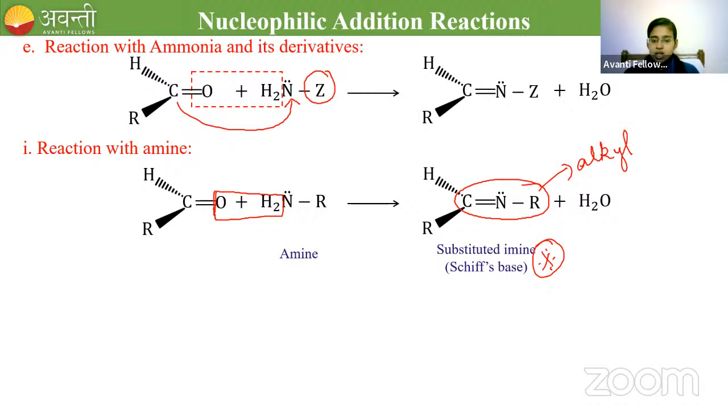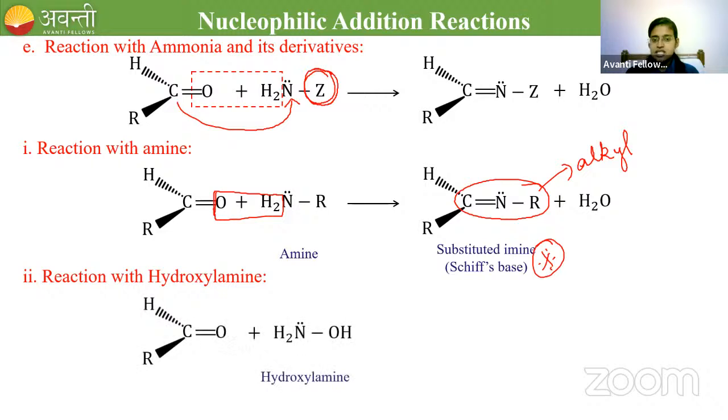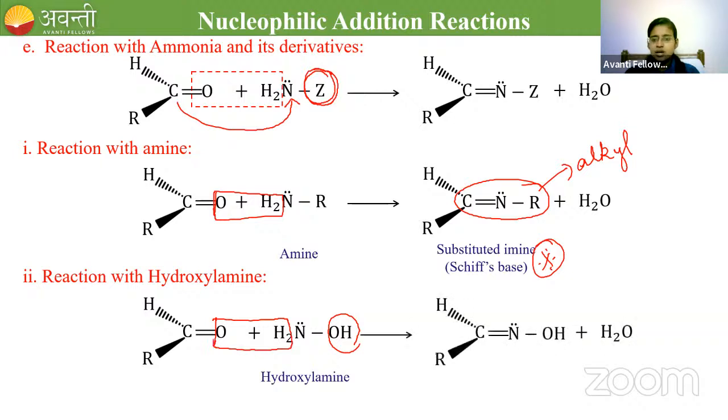Now let's go for the second compound. Second is the reaction with hydroxylamine. What is hydroxylamine? If this Z is OH, then it is called hydroxylamine. Then the process is the same. You have to remove this water. On removal, we will get C double bond N OH.